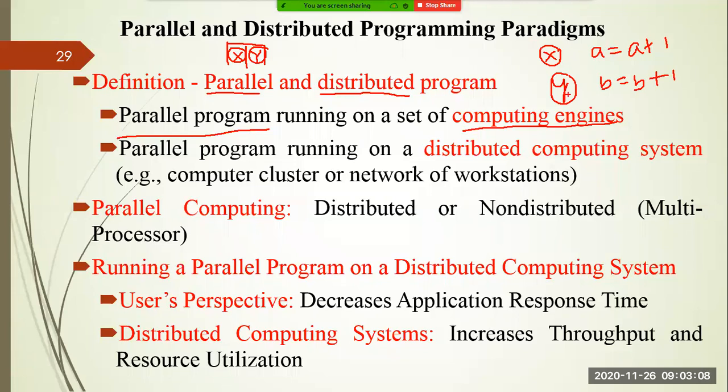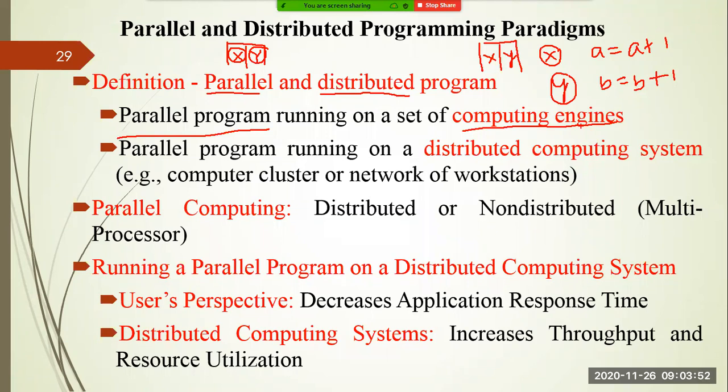If you have a two-processor system, then in the first processor you can assign X, in the second processor you can assign Y. That's why, to define a parallel program, you have to focus on parallelism: how you can write a parallel program such that it can be run on a set of computing engines. You may have 1,000 processors, but if you do not write a parallel program, it is very difficult to keep all the processors busy throughout the process.